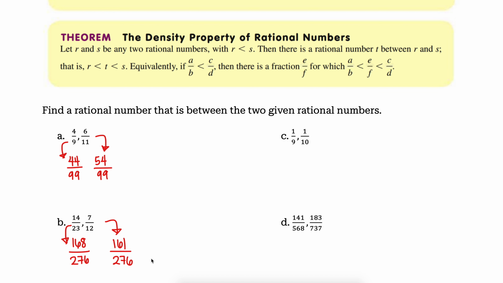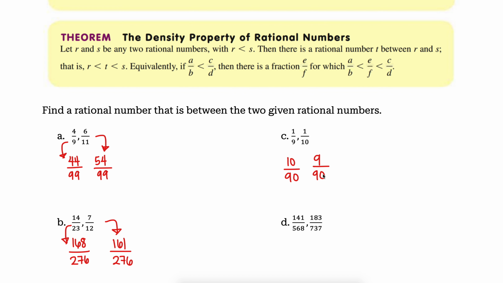Part C, it's 1/9 and 1/10. Common denominator here is 90, so we have 10 over 90, and then 9 over 90. So in this case, you might go, oh, well, what do we do? Easy way to deal with this. I mean, you could go 9.5 out of 90, but that's not a rational number.